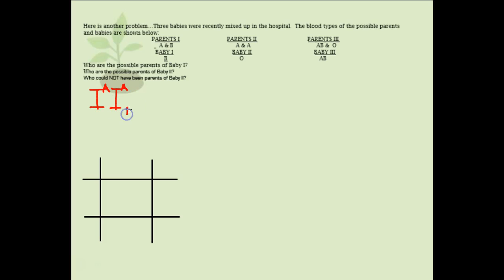Now, A-type blood people can also be carriers of the O allele because O is recessive. So if we have the A allele, like we see here, a carrier is going to have that recessive O allele. So this would be considered heterozygous for blood type.